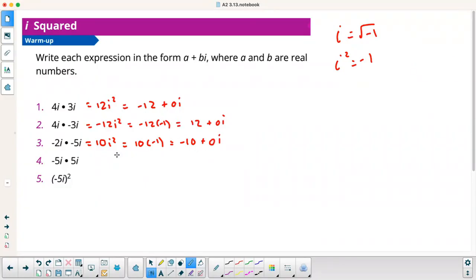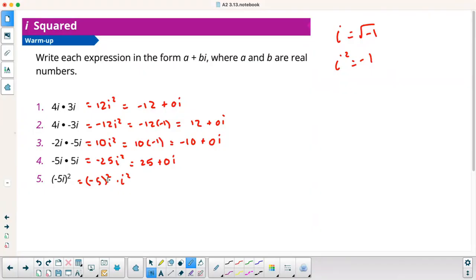So really all these are going to end up getting you an i squared, which is going to give you the 0i. -25i squared. So really it's -25 times -1. So we just get positive 25. And then we put plus 0i. This one's a little harder. (-5) squared, like that, times i squared.